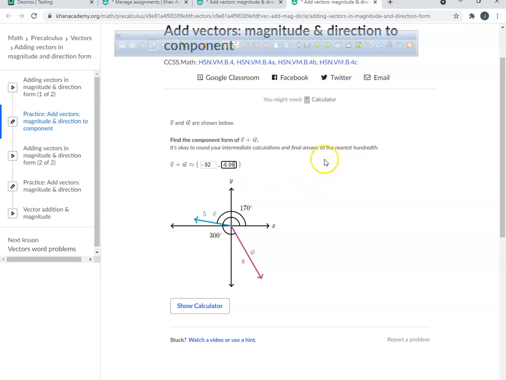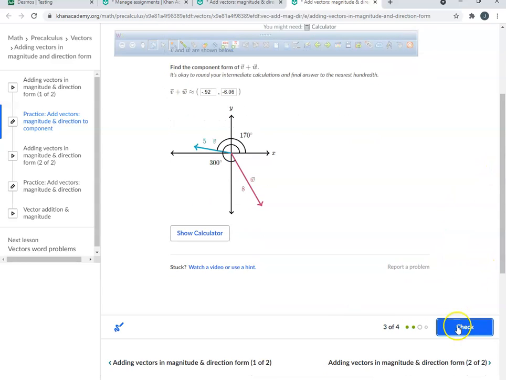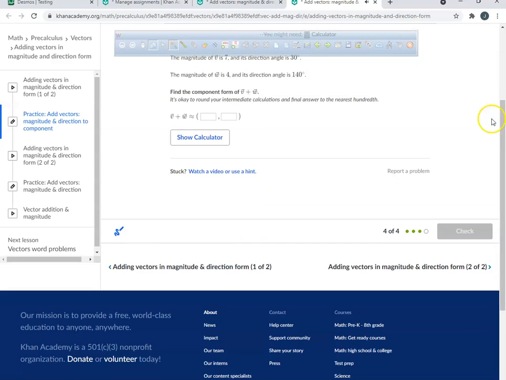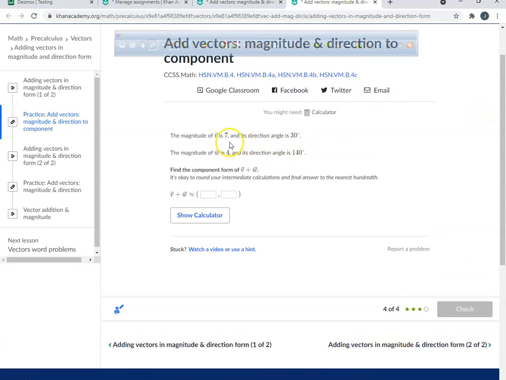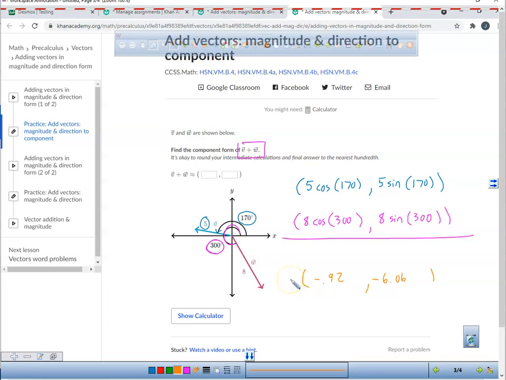Because it says nearest hundredth, so yes, I'm still keeping everything to the nearest hundredth. All right, I think that's it. So that's basically all you got to do on this one. Not too bad. Just make sure you use the correct magnitude and the correct angle, and it basically is the same pattern over and over.